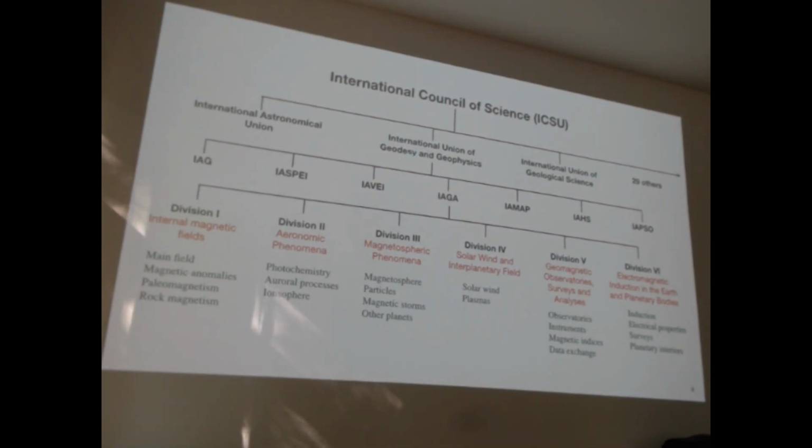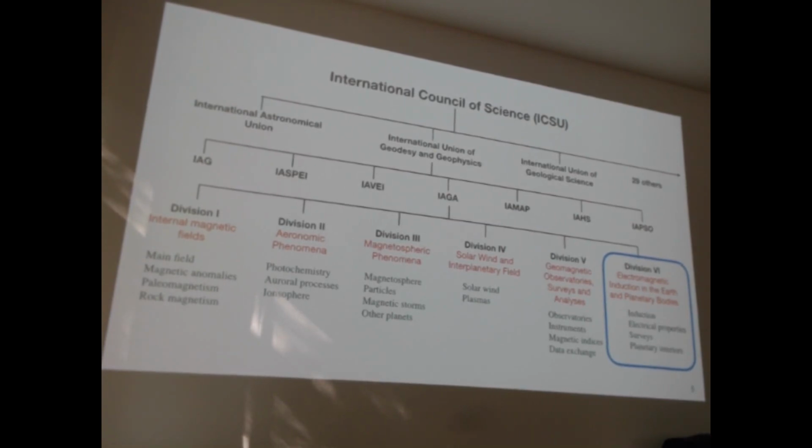And under IUGG, there's geodesy, seismology, volcanology, and we are IAGA, the International Association of Geomagnetism and Aeronomy. And under IAGA, there are 6 divisions, which are all being represented to some extent by this short course. And I'm in Division 6.